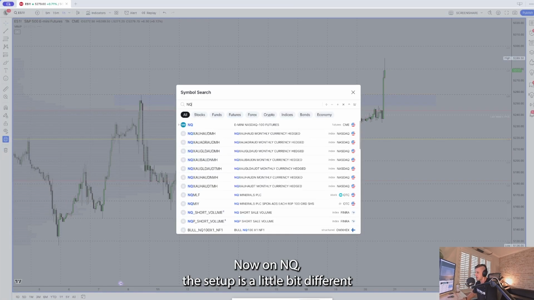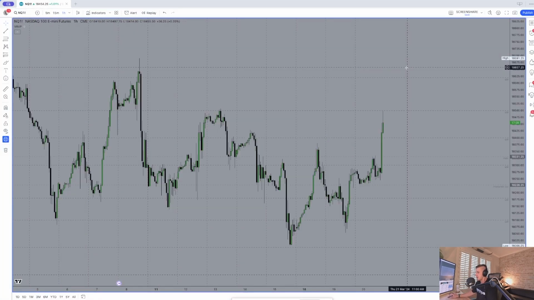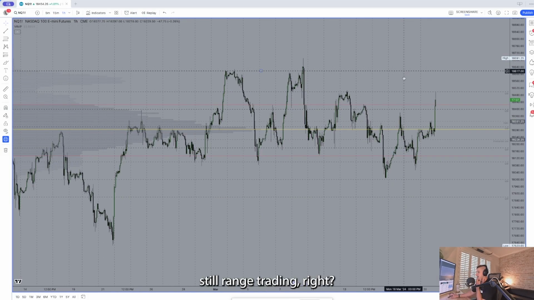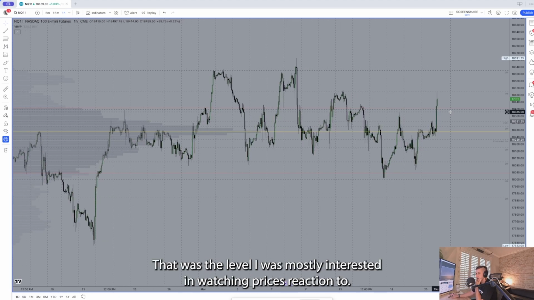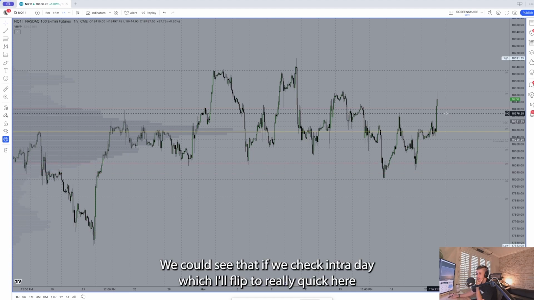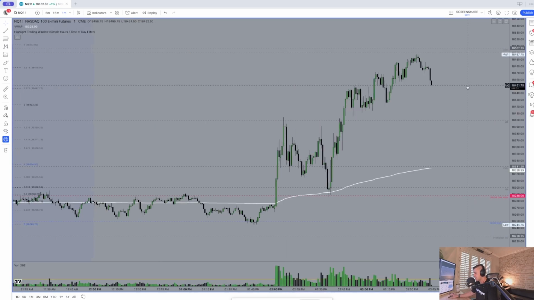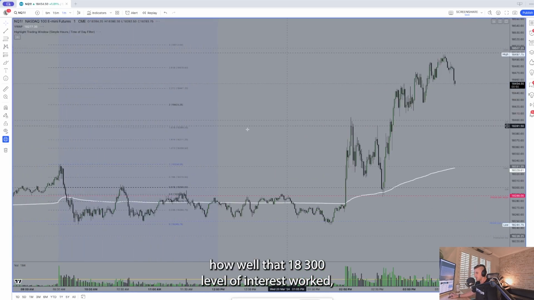Now on NQ, the setup is a little bit different. Still range trading, right? So the main watch in NQ today was the reaction versus 18,300. That was the level I was mostly interested in watching price's reaction to. We could see that if we check intraday, which I'll flip to really quick here, how well that 18,300 level of interest worked.